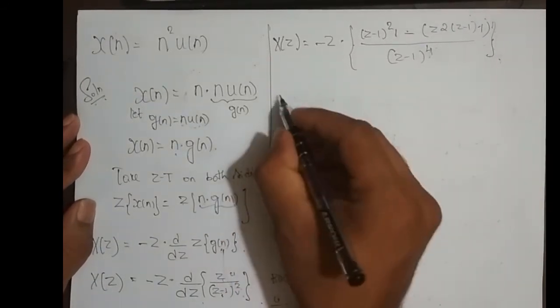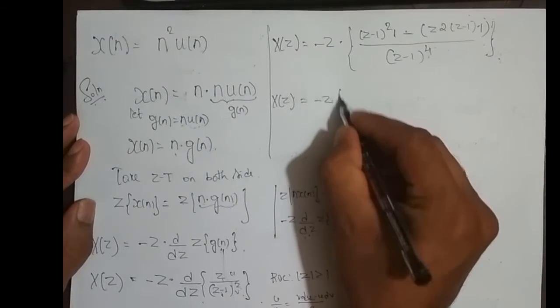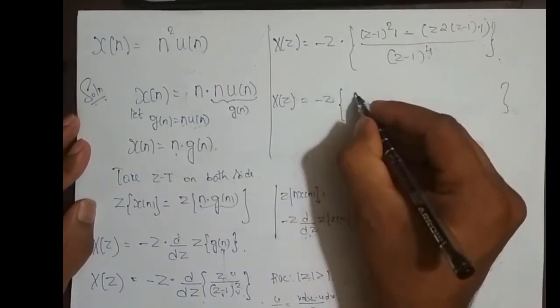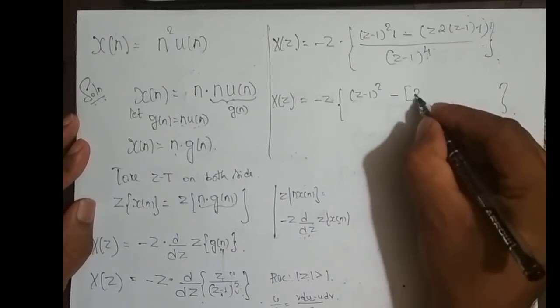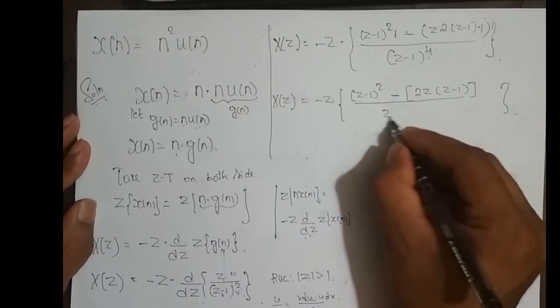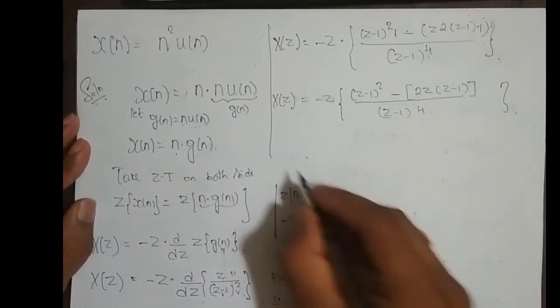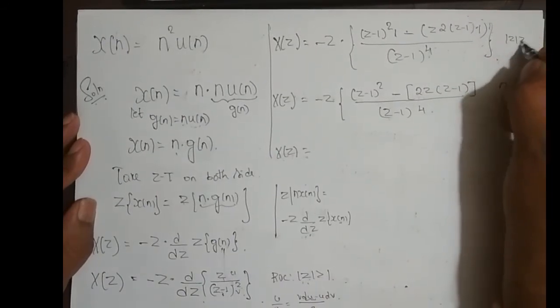Okay, fine. So X(z) is equal to minus z into, what do I end up with here, is (z minus 1) whole square minus 2z times (z minus 1), divided by (z minus 1) to the power 4. You have to carry this ROC, magnitude of z is greater than 1.